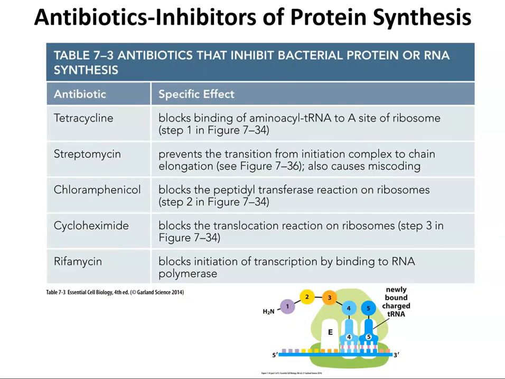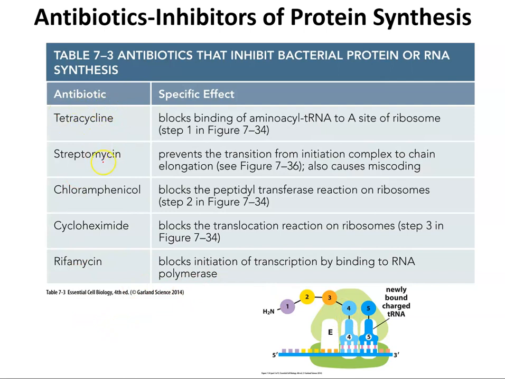A lot of antibiotics are actually inhibitors of protein synthesis, so they'll inhibit bacterial proteins or sometimes RNA synthesis. But our ribosomes and our polymerases are different enough from bacteria that they don't tend to cause interference or issues in people, at least in low doses.